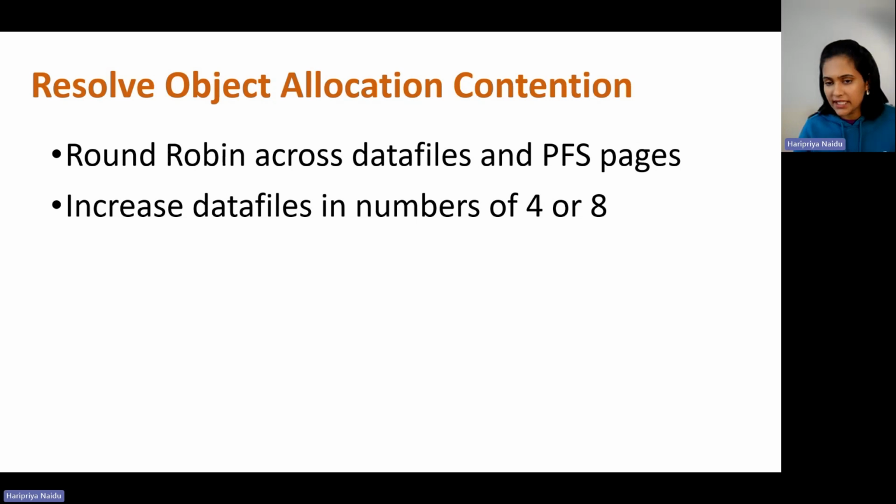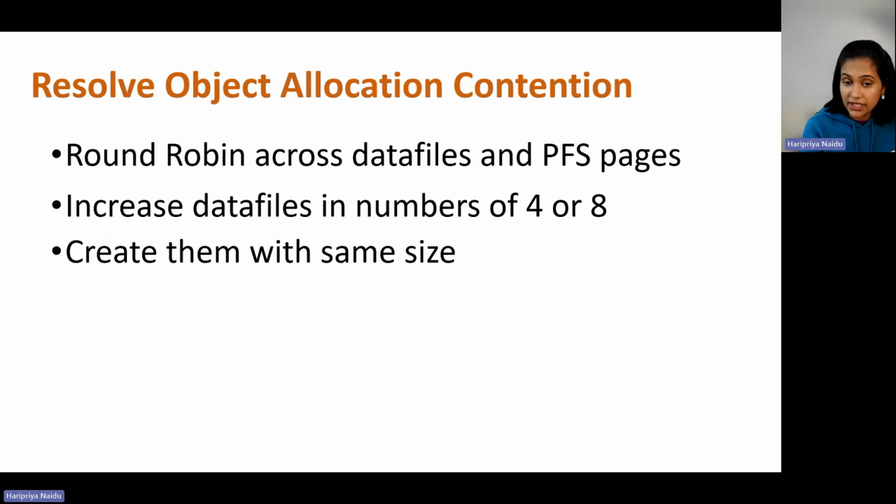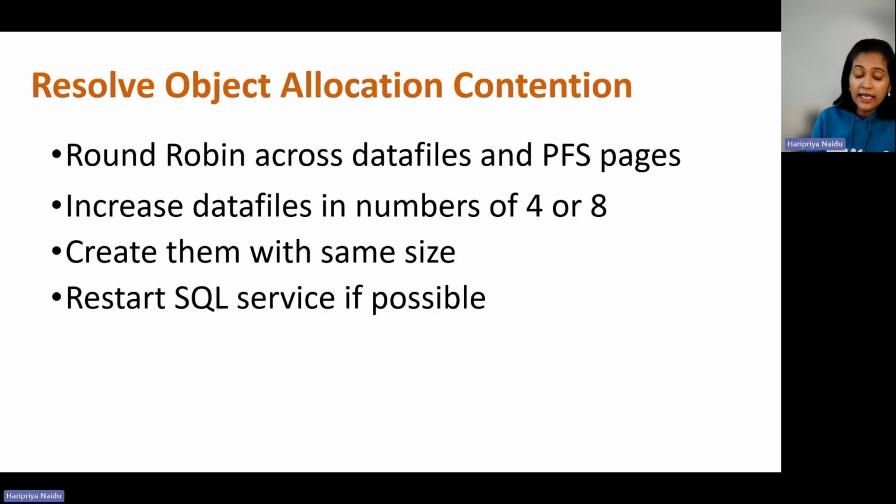Now the transactions can spread across, and that will reduce contention. And when you add the new data files, see if you can restart the service. Imagine if you are in the maintenance window or downtime or during the weekends, go ahead and restart the service, because that will help in having all TempDB data files of equal size.